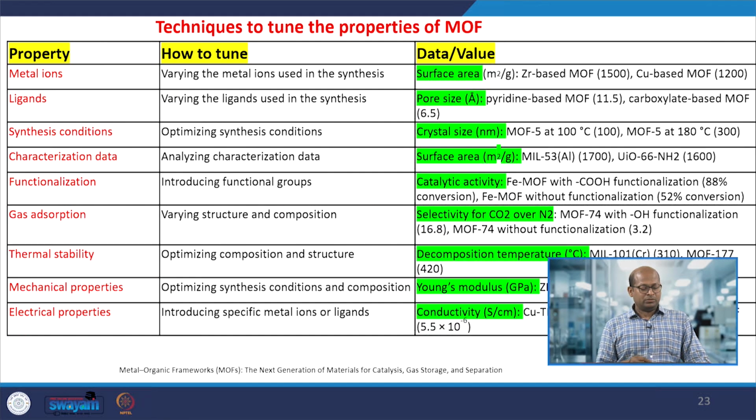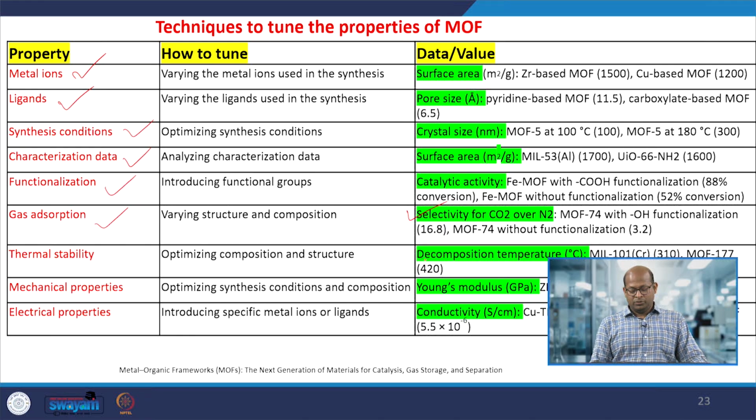Okay. So I said what the different properties are: metal ions, ligands, synthesis conditions, temperature. These are the things we can tune to control the structures or various properties of the MOFs, either surface area, pore size, pore volume, crystal size, or catalytic activity, depending upon the applications.